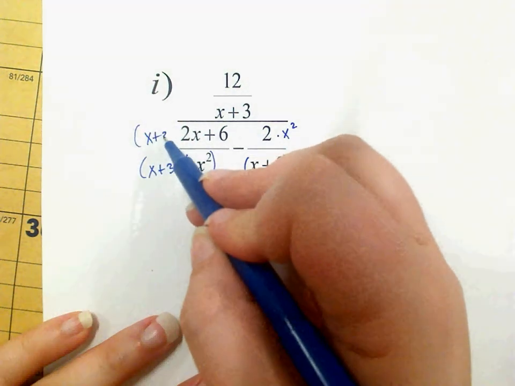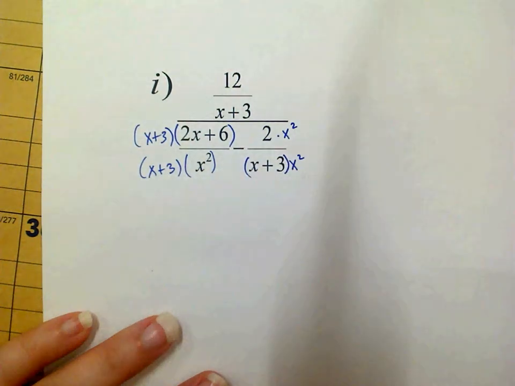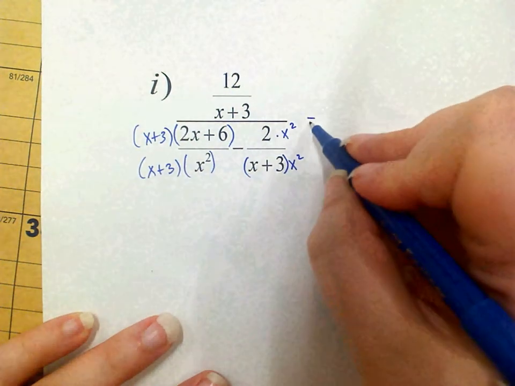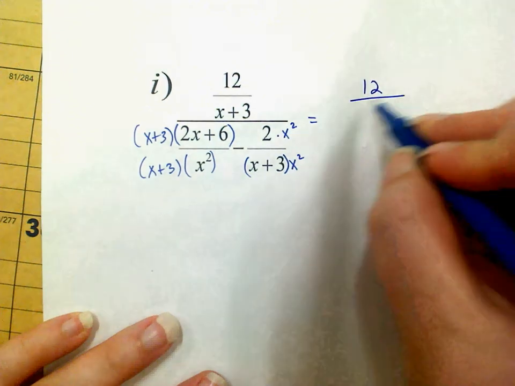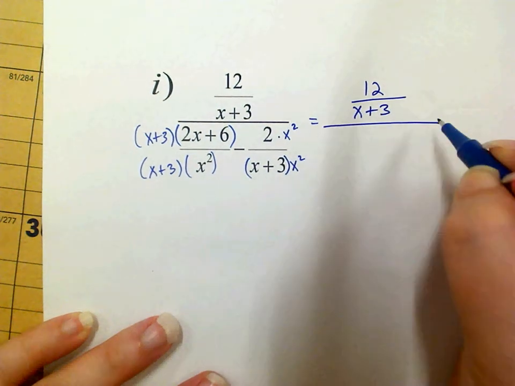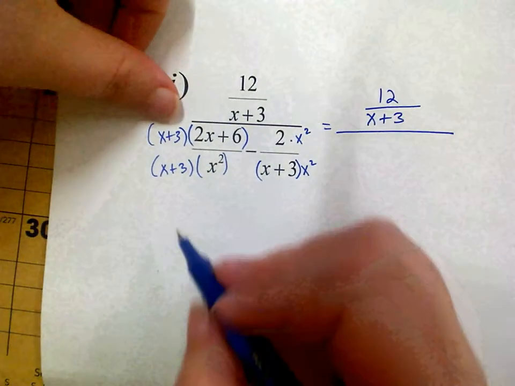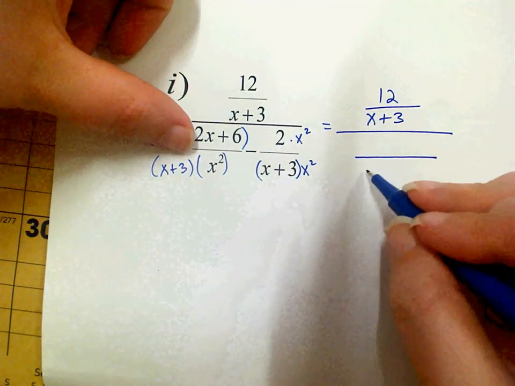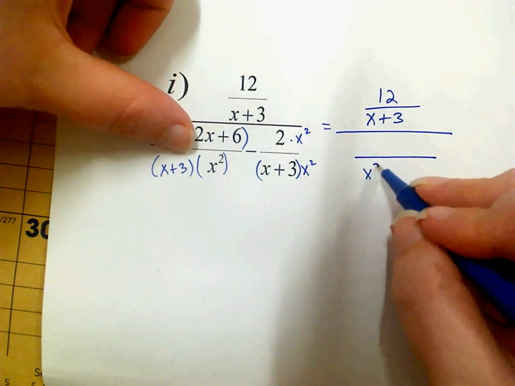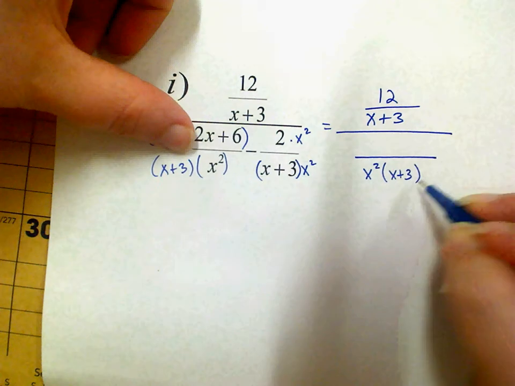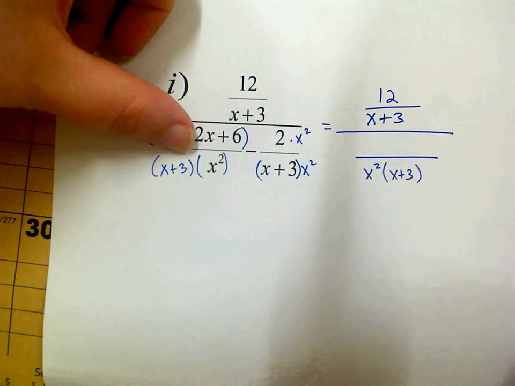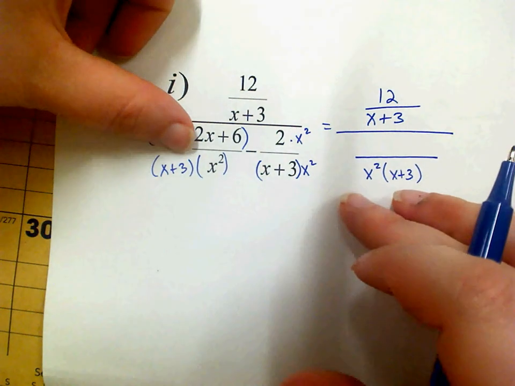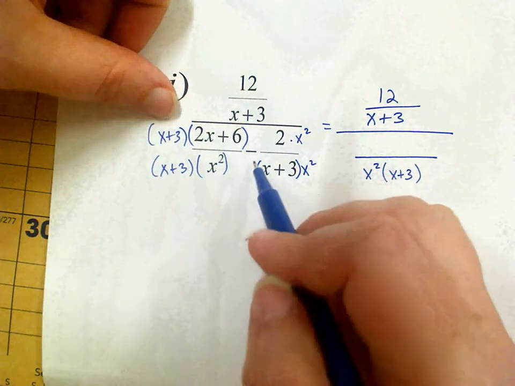So I'm going to go ahead and write it as 12 over x plus 3 divided by, okay, so our denominator is just x squared times x plus 3, or x plus 3 times x squared, doesn't really matter. And the numerator is going to be this multiplied out minus that, right? That is the main fraction.